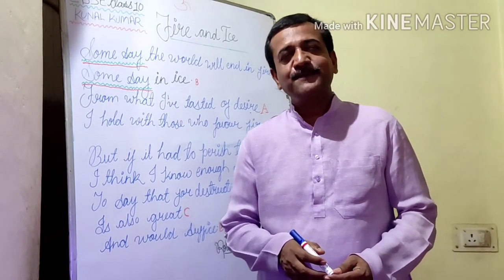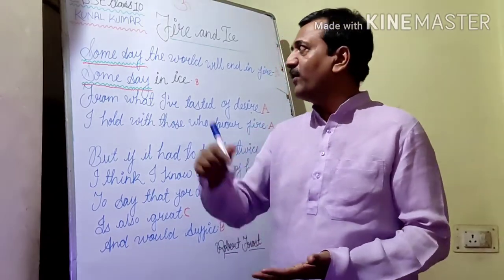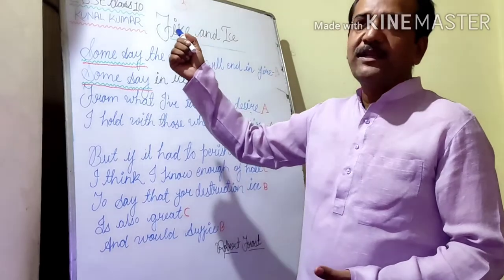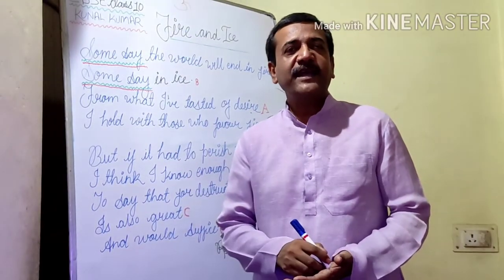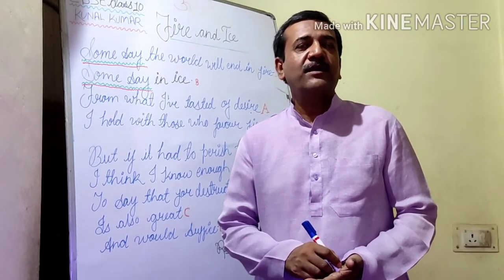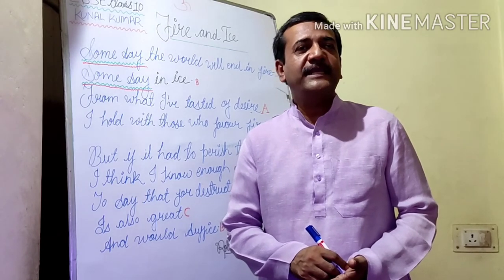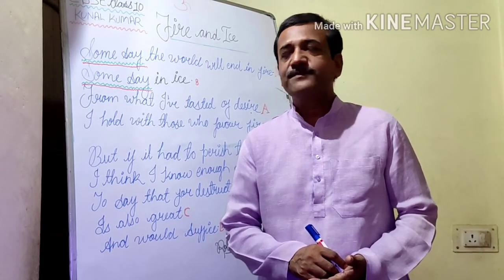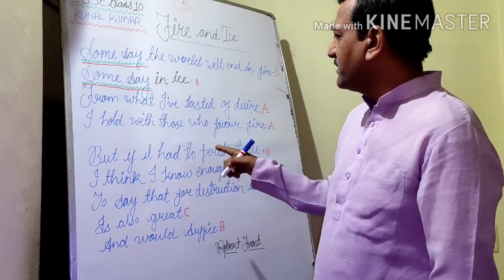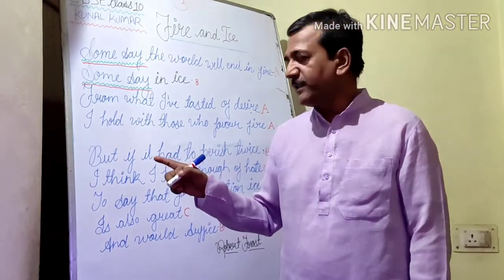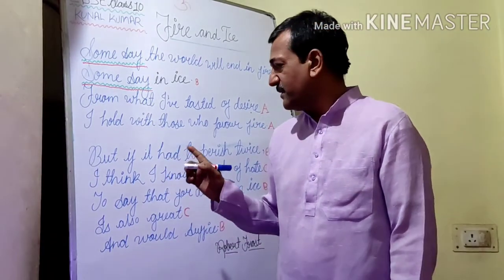Still he says, to prove his point, if it has to perish twice, that means once he has already said it will end in desire, and second he wants to prove that hate is also equally strong and is able to destroy, annihilate or finish this world. And he says even the ice, or the hate, will be a great tool to finish this world.